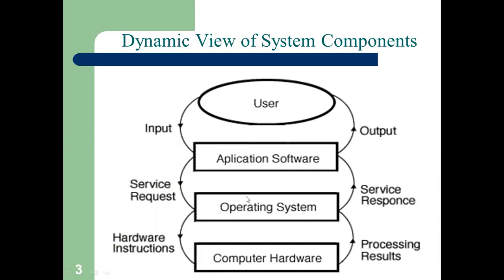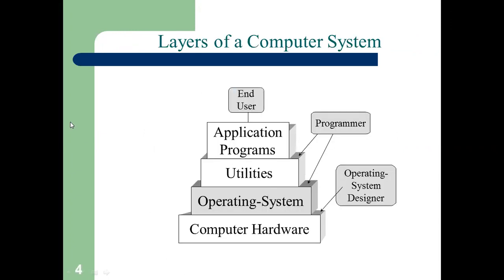This is the main function of the operating system, how it manages each and everything. Now here you can see again the layers of a computer system. There are various layers, and at the lower level you can see computer hardware, in another diagram related to the preceding one.